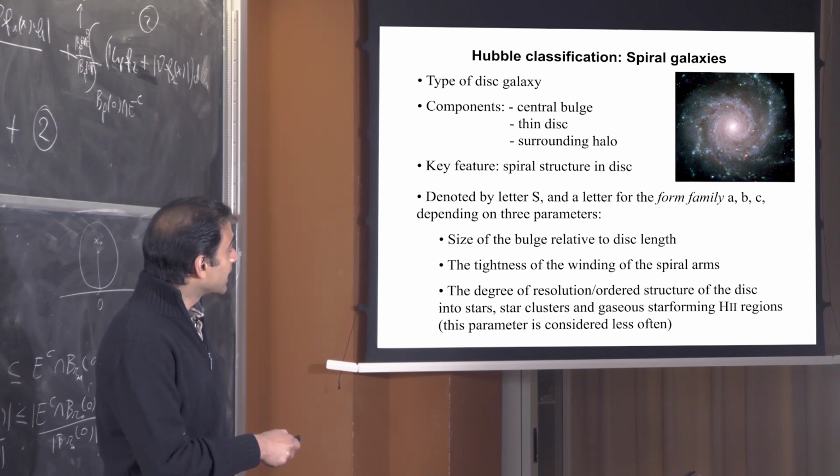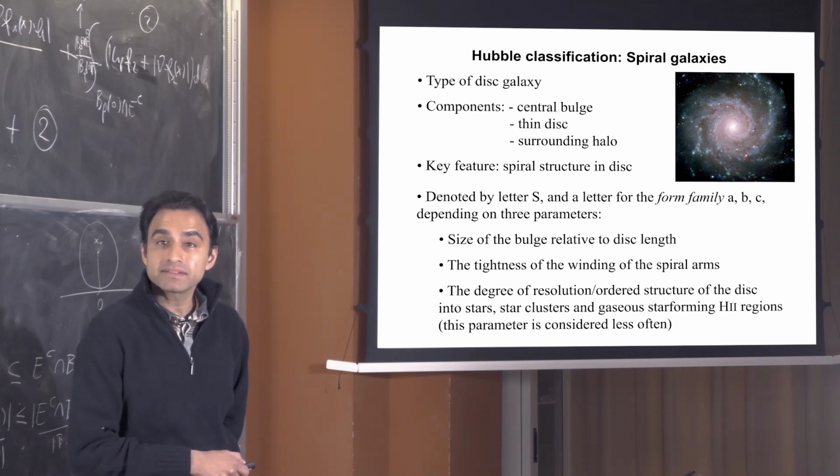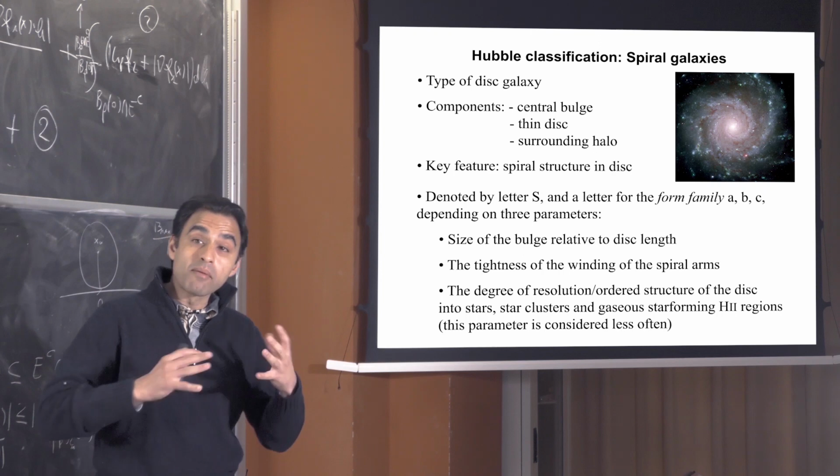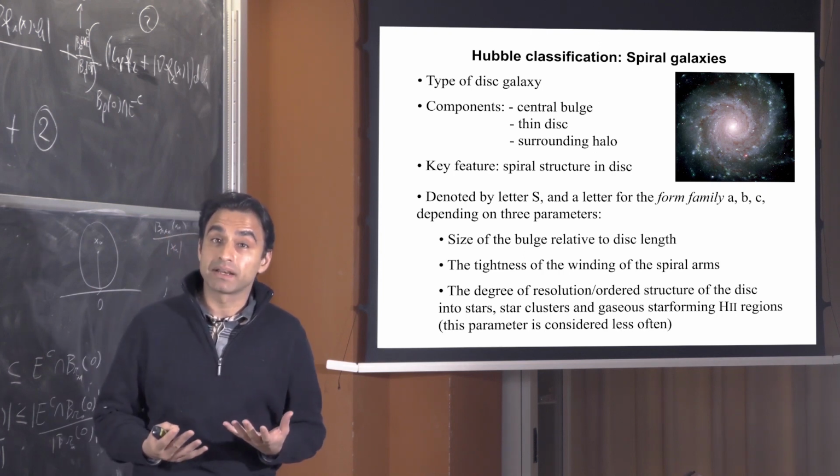You can see that the spiral patterns are defined by different structures. There is gas, there are sites of star-forming clouds all over the place. So it's a complex structure defining a spiral galaxy.